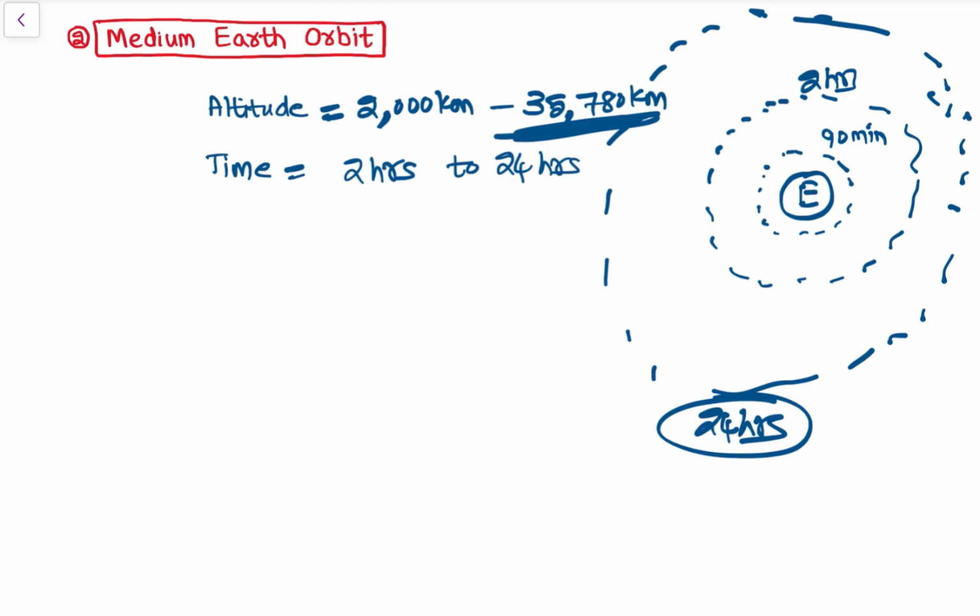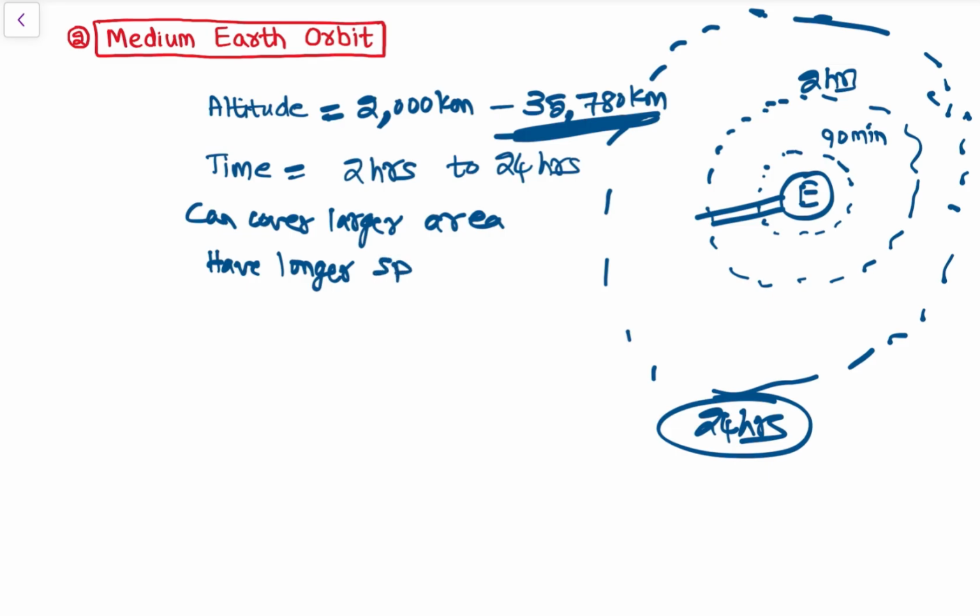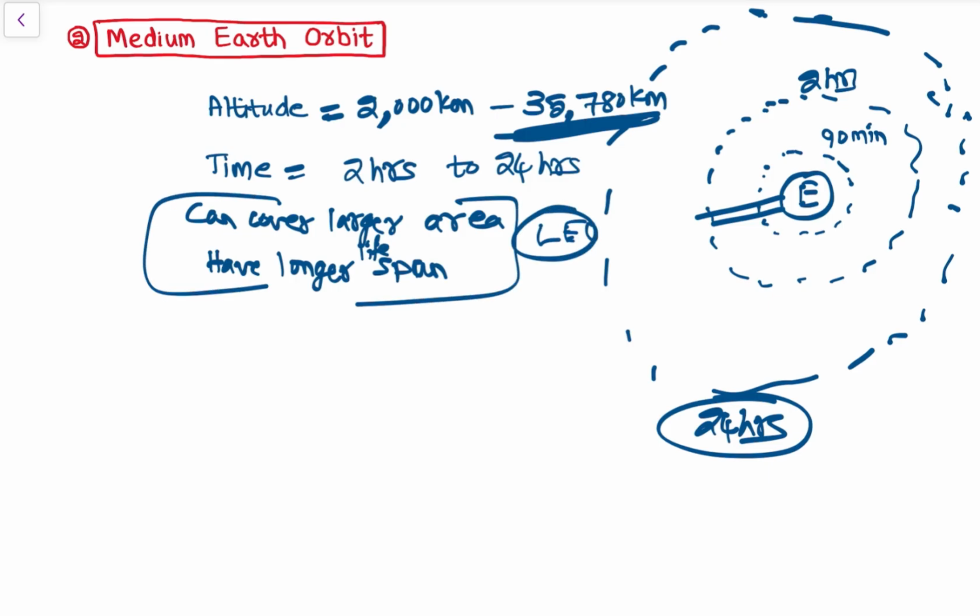The advantage is that since they are far away from earth, compared to low earth orbit, they can cover a larger area and also have a longer lifespan compared to low earth orbit satellites.